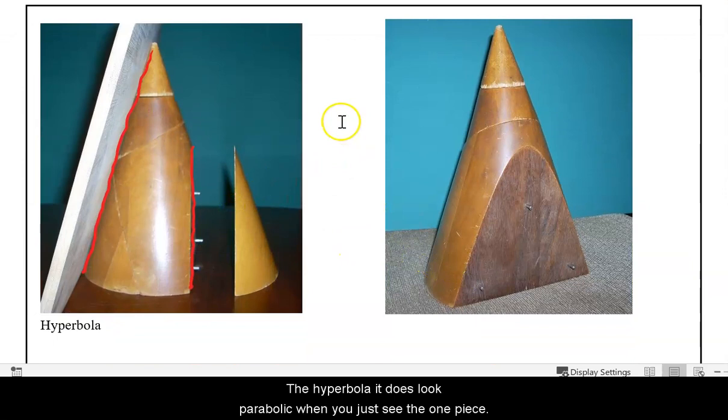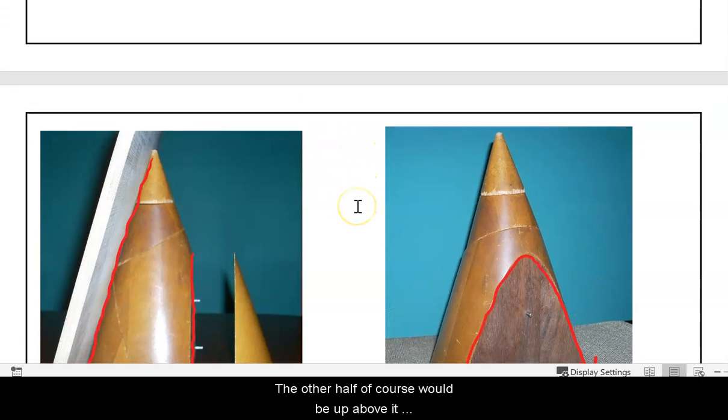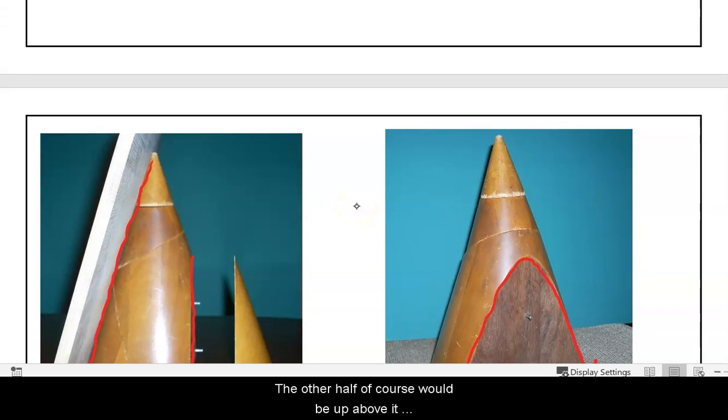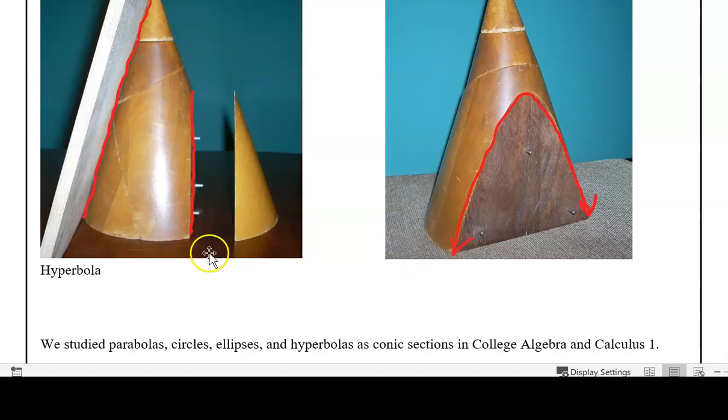The hyperbola does look parabolic when you just see the one piece. This is only half of the hyperbola. The other half, of course, would be up above it because we would have to have the other part of the cone extending above. And that would give us another part of the hyperbola above it.